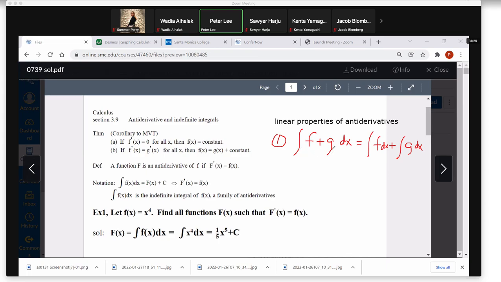If we have an antiderivative of a sum of functions, then we can find the antiderivative separately and then add them up. That's what the number 1 property is.